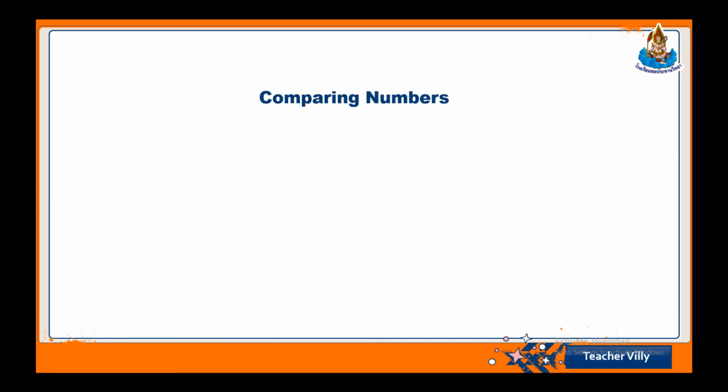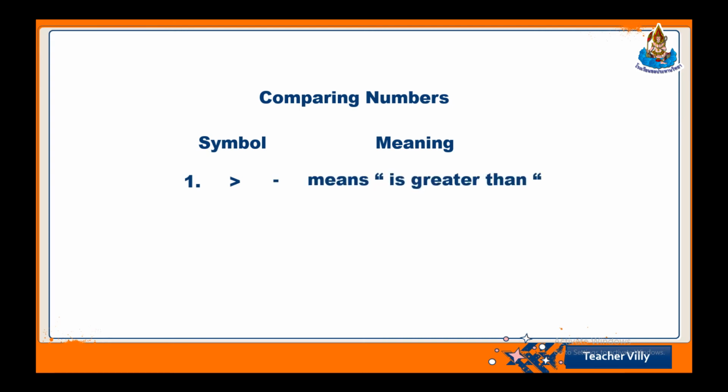Once again, comparing numbers. We have the symbols and their meanings. Number one, this symbol means greater than, or bigger. Number two, this symbol means is less than or smaller than.